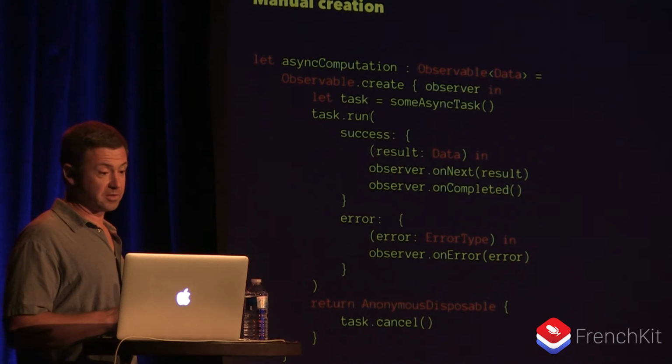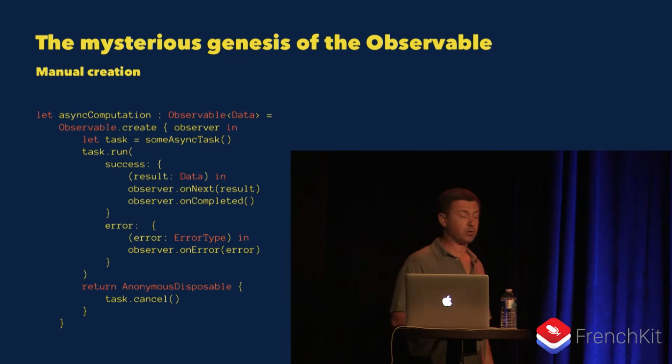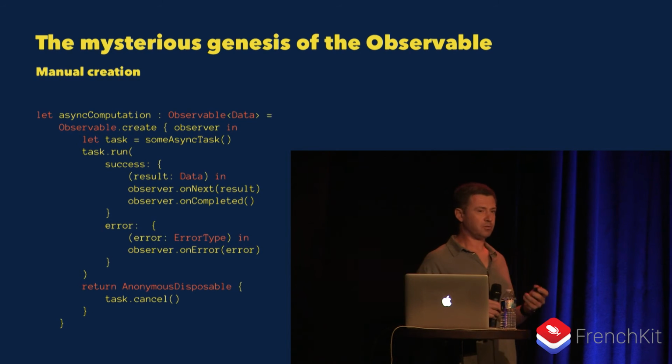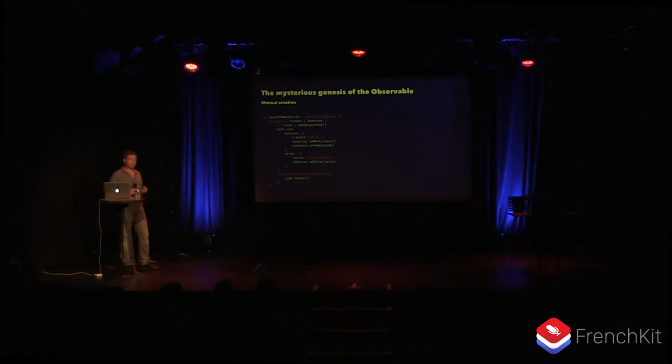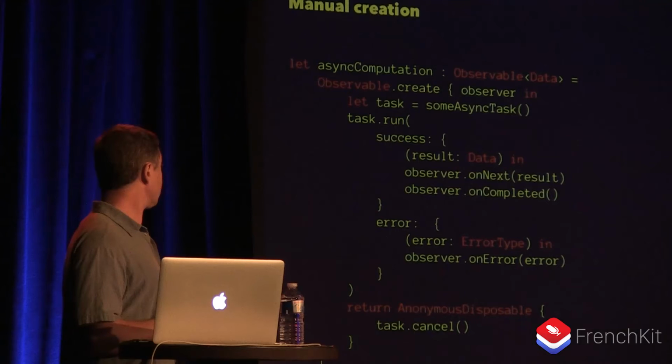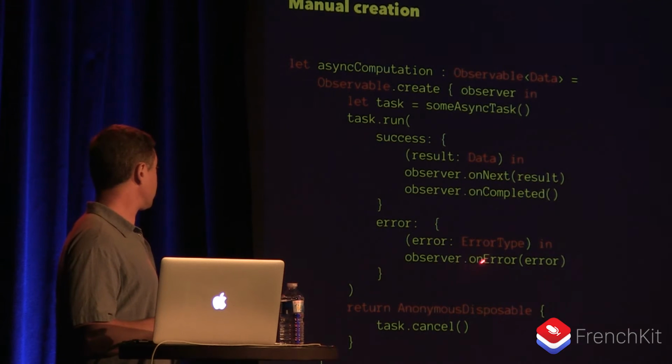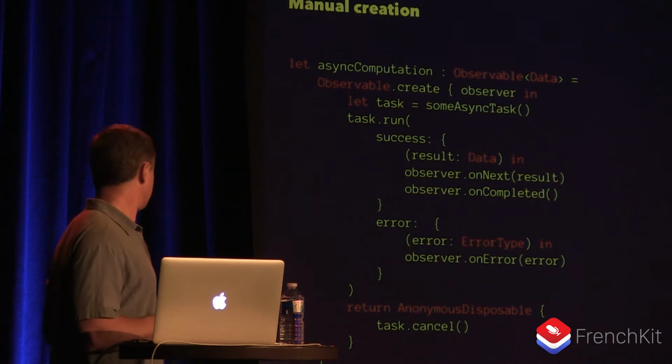Here is a more complex example which performs an asynchronous computation. When you subscribe to this observable, it starts computing things asynchronously. When the task is done and successful, we return the result, then we complete. When there is an error, we just emit an error.